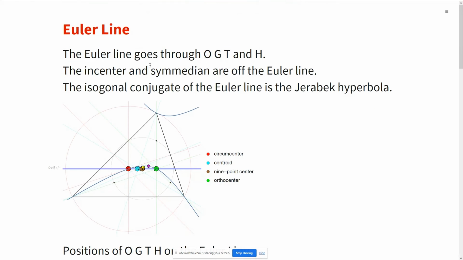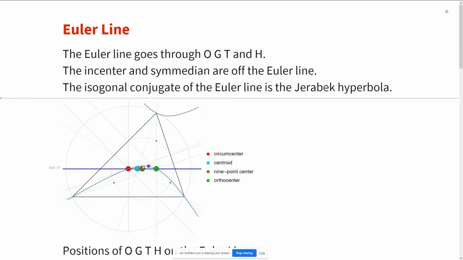Let's see here. So one thing that is a sort of a constant with triangle centers is the Euler line. There are various important points on the Euler line, such as the circumcenter, centroid, 9-point center, and orthocenter. And we can plot the isogonal conjugate of the Euler line.